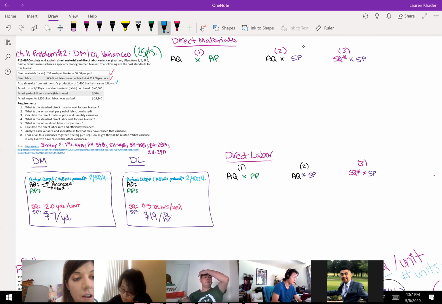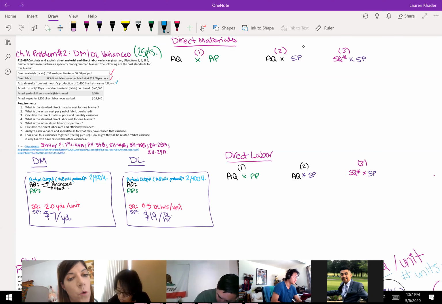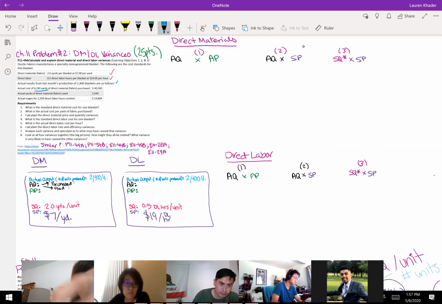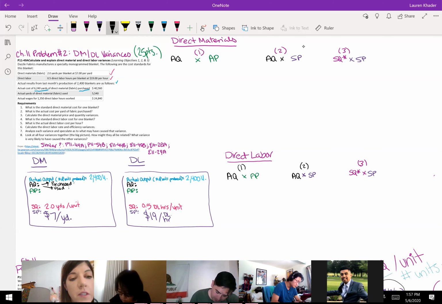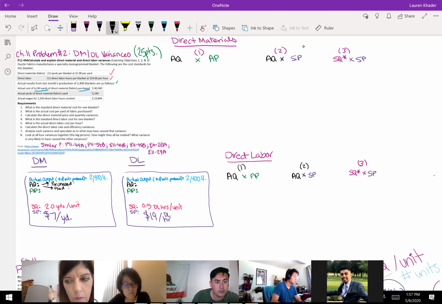Actual cost of 6,240 yards of direct materials fabric purchased was $40,560. So let's start with the 6,240 yards purchased. You divide that by the 40,560 for the cost. We will use that, yes. But what is that 6,240 first? The actual quantity purchased.